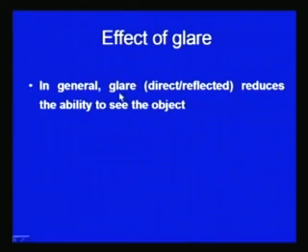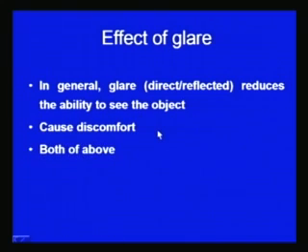In general, glare, whether direct or reflected, reduces the ability to see the object. In addition to reducing the visibility of the object, glare also increases the discomfort of the worker, because he finds it difficult to recognize and detect the object clearly and easily.